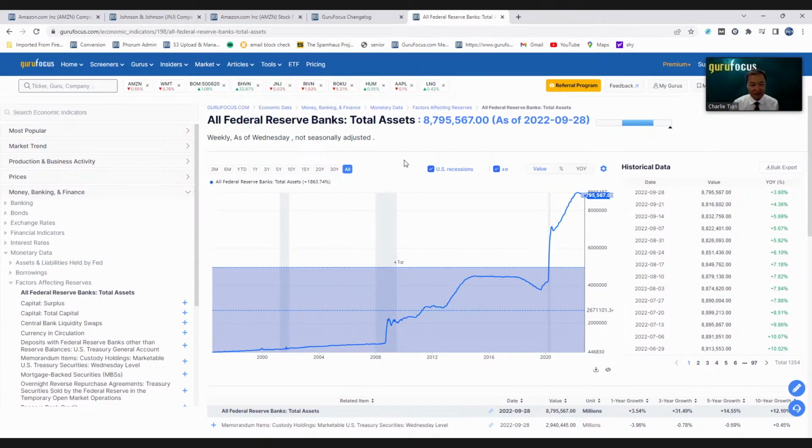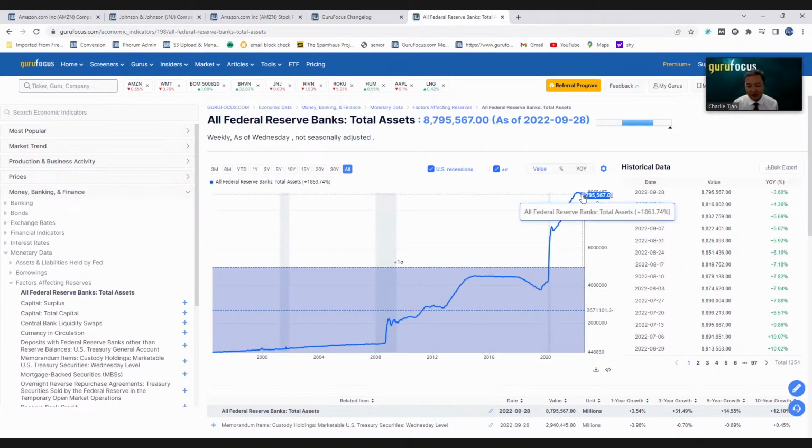By the way, this chart is the Federal Reserve total assets. During the pandemic, they doubled the balance sheet. During the financial crisis, they actually increased the balance sheet a lot. Then they tried to reduce it. Then they doubled it during the pandemic.